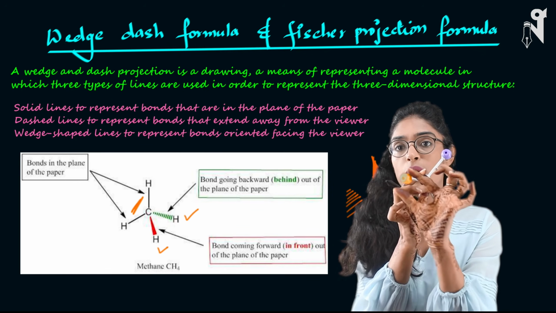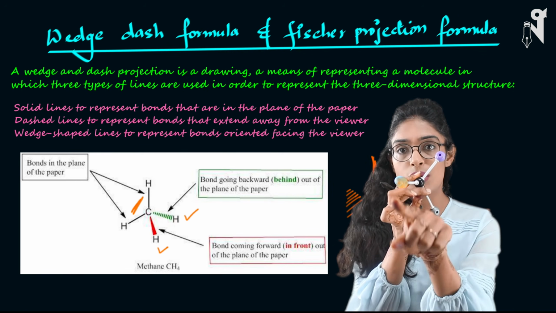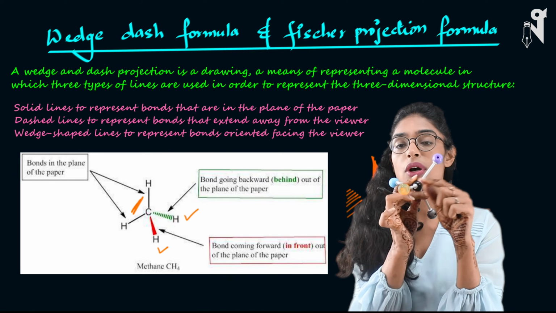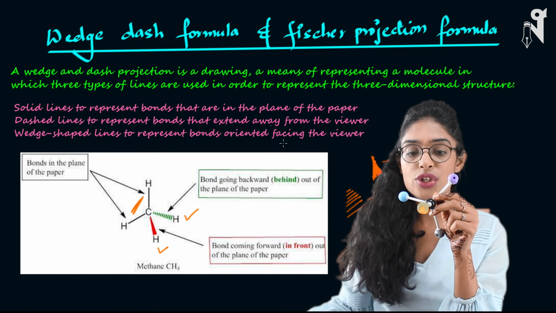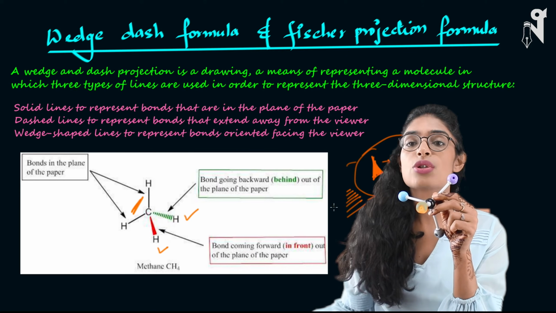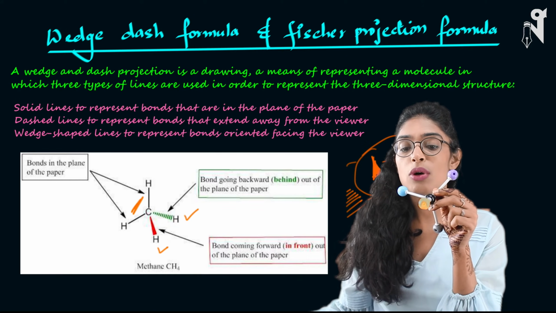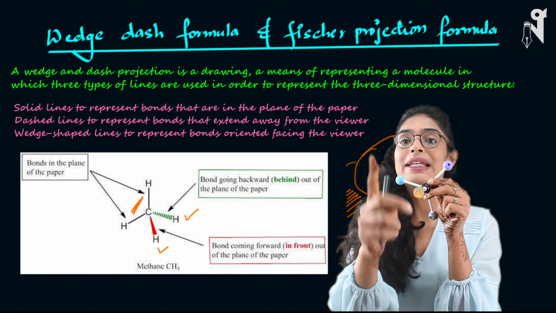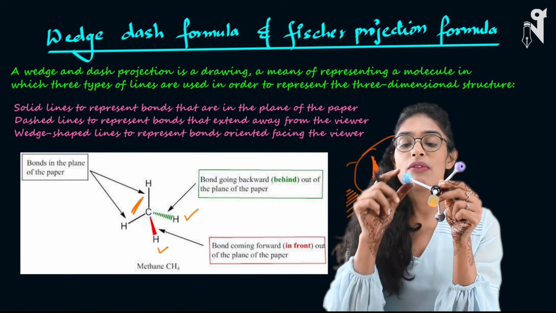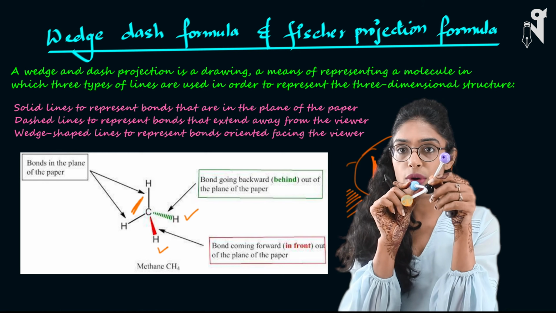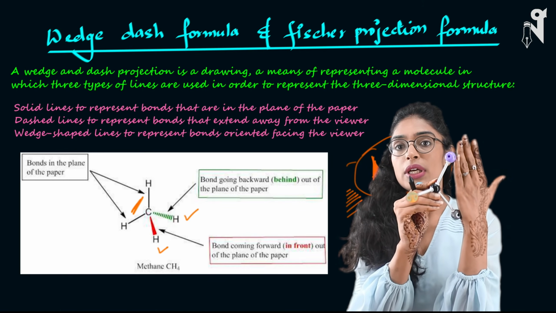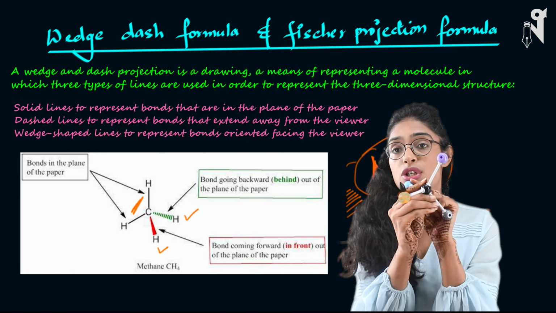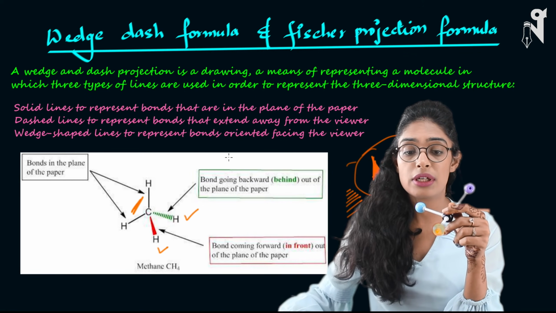Here the viewer is you, so the yellow ball is towards you, and this bond will be represented by the wedge. The wedge representation tells you about the bond which is coming towards the viewer, directly in front of the eyes of the viewer. Whereas this blue ball, which is away from you, is represented by a dash.